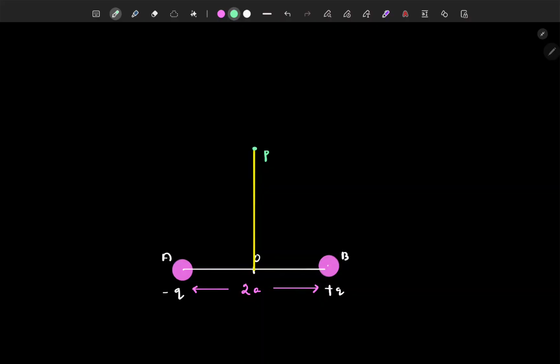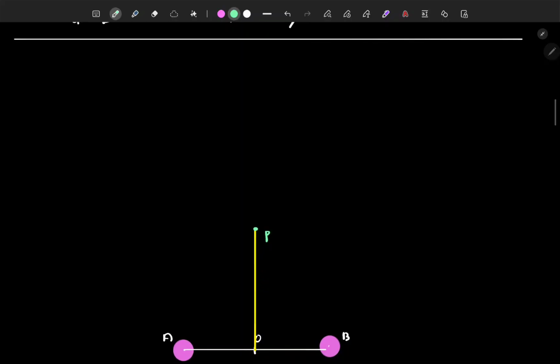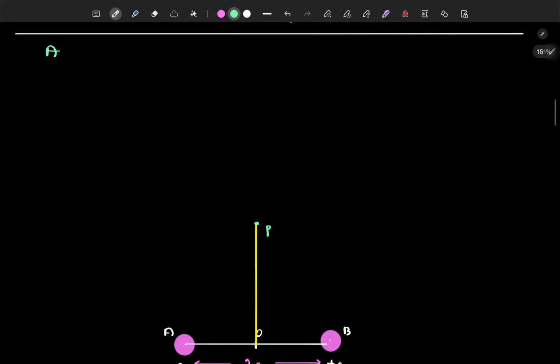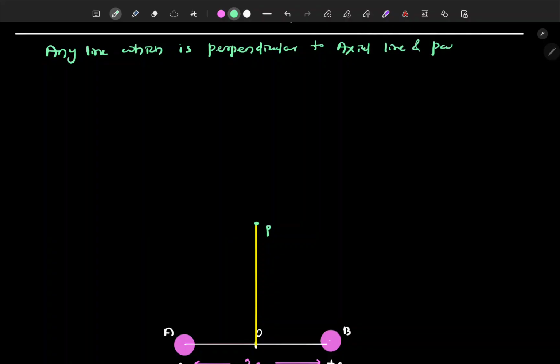P is that point. So in this part we can write: any line which is perpendicular to the axial line and passes through the midpoint of the dipole is called the equatorial line.